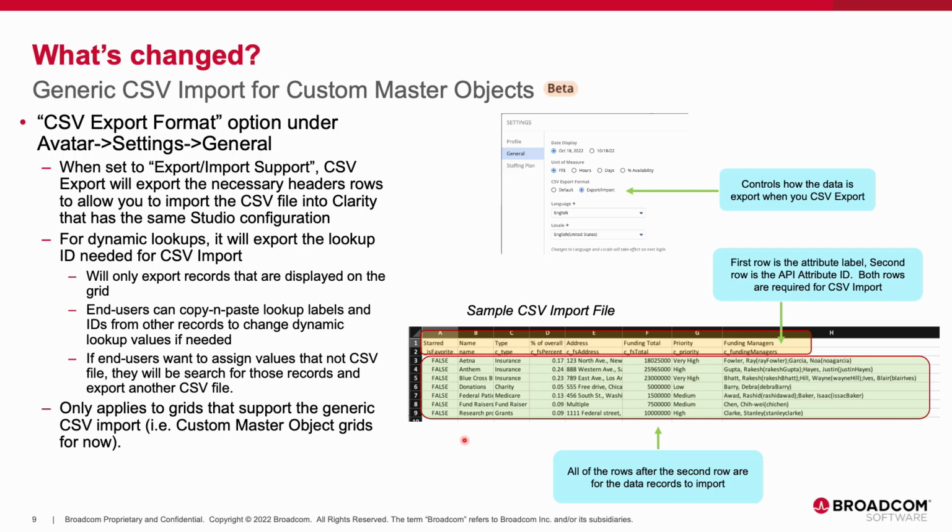This is actual real data that you can export and import directly into the same system or a different system, or you can modify it and use this as a basis for creating new records or updating records. One thing to note, this option only applies where the generic CSV import is supported, which is currently only the custom master object grids.